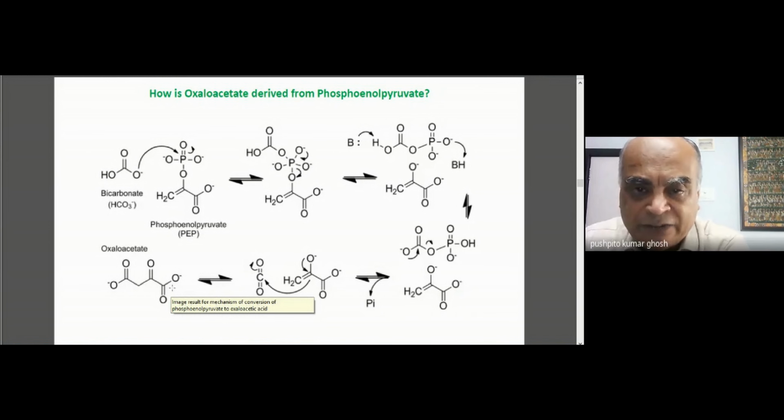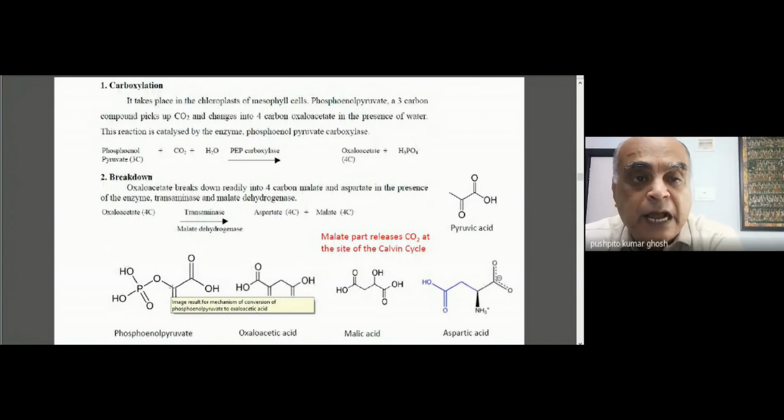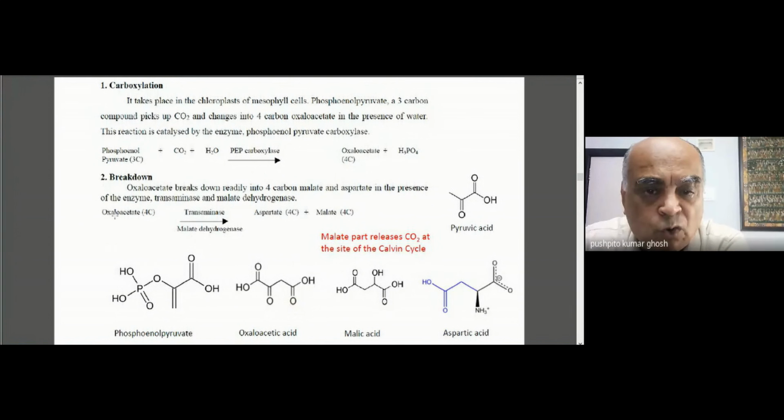So that's the mechanism by which phosphoenol pyruvate is getting converted into oxaloacetate. Now, oxaloacetate, as I told you, breaks down into this and this, and it is this that goes and attacks the dark side of the Calvin cycle.